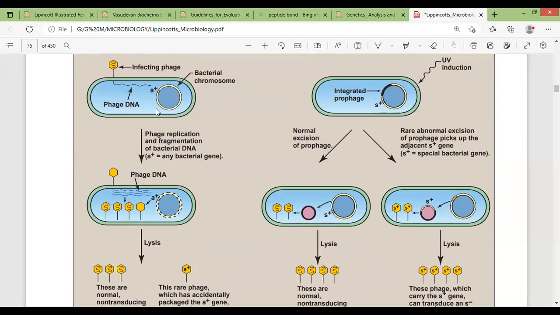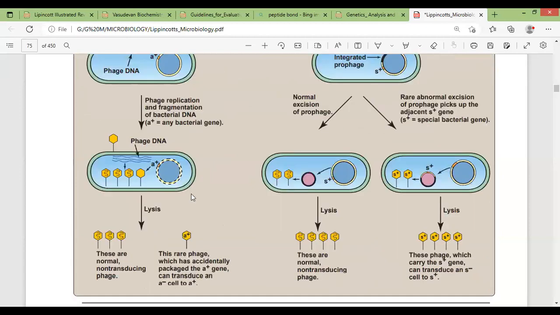While the bacterial cell was synthesizing the phage stuff, accidentally that A plus gene also got replicated or transcribed, whatever you want to say, and got packaged into this phage.